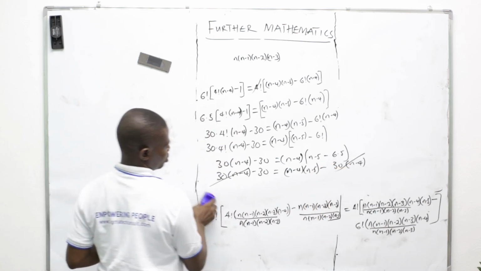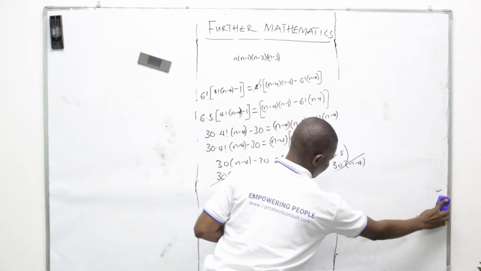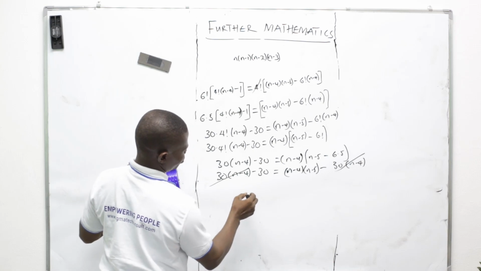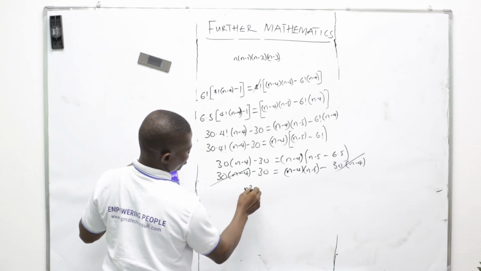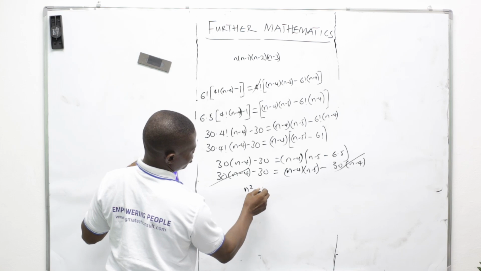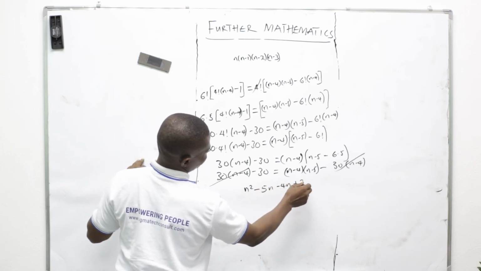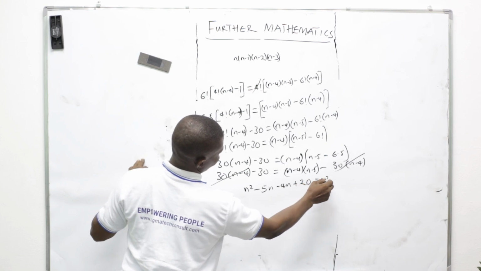If I have this, n squared minus 5n minus 4n plus 20 equals minus 30.